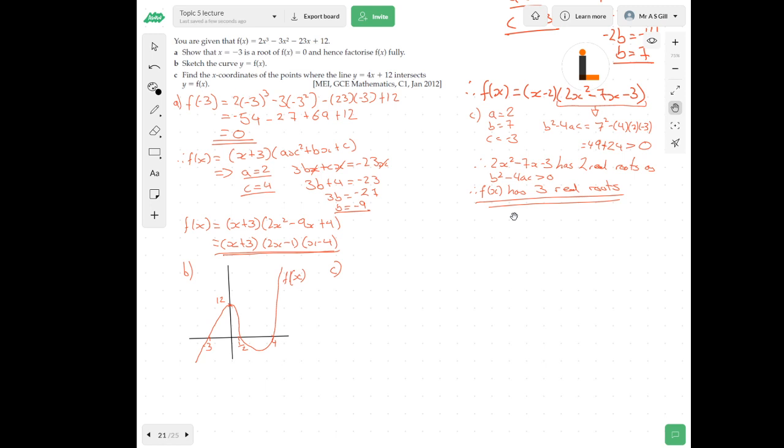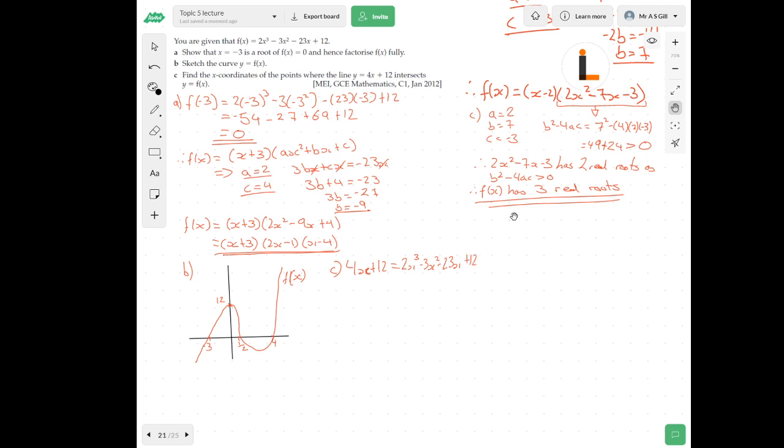We've got intersection between 2 points, so we can set these two things equal to each other. 4x plus 12 is equal to 2x cubed minus 3x squared minus 23x plus 12.